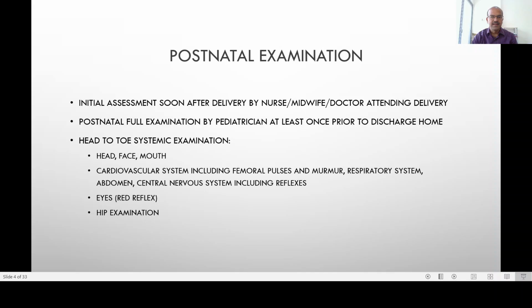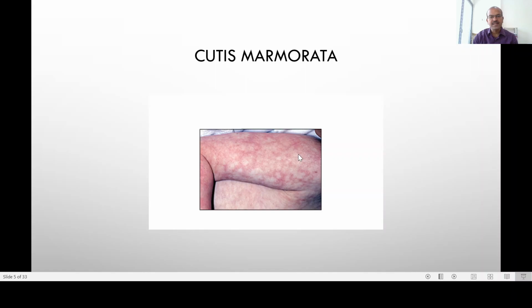Examination of the central nervous system, including the measurement of the head circumference, the tone of the baby, reflexes, including the primitive reflexes that are there in the newborn period. We also look at the eyes, which is the red reflex, and presence of subconjunctival hemorrhage or other concerns. Hip examination as well.